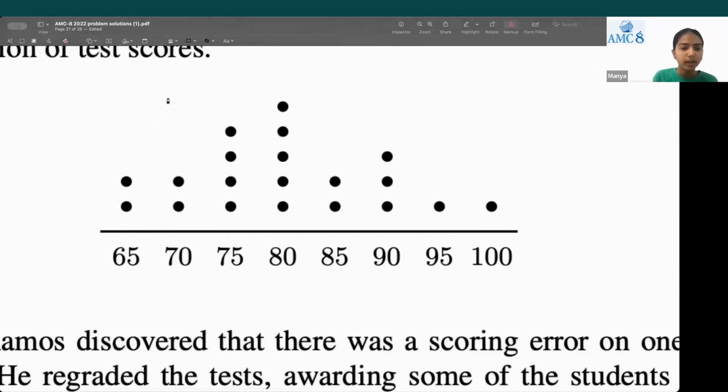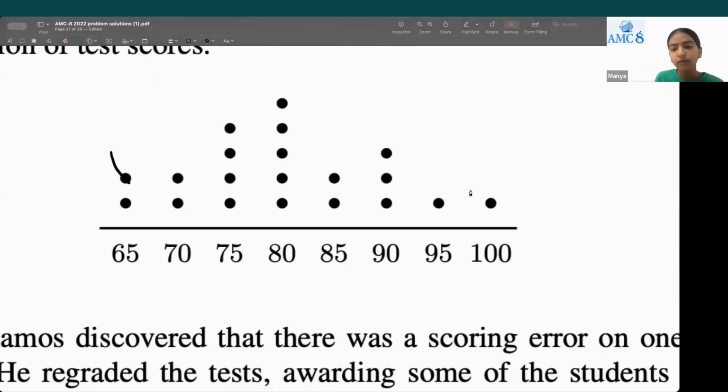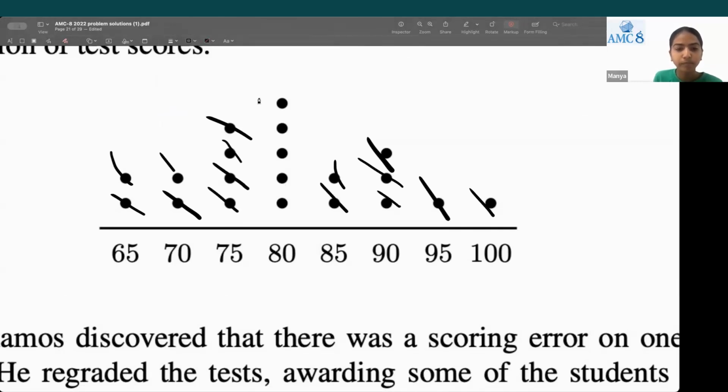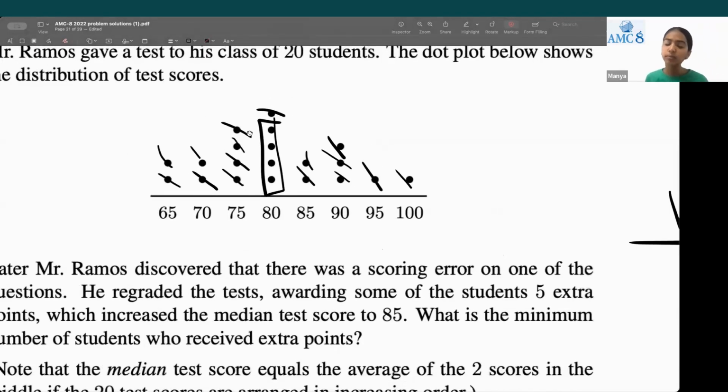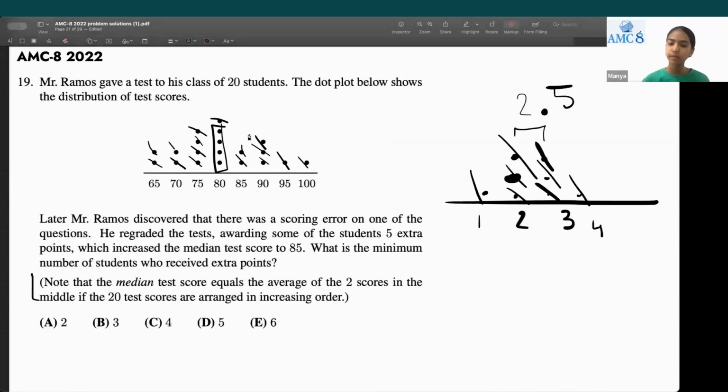Okay, so here we can cross out 1 from the left, 1 from the right, 1 from the left, 1 from the right, 1 from the left, 1 from the right, and keep going. Okay, and then we have 4 dots here. And so the actual median, when Mr. Ramos made a mistake, was 80.